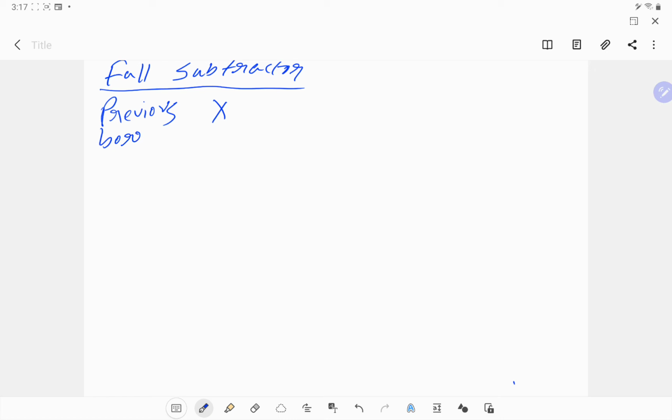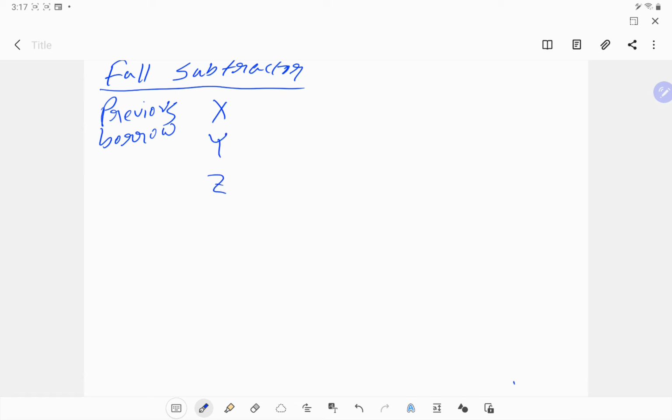Now we study the full subtractor. In the full subtractor, we consider that we have a previous borrow. So let's consider x is a previous borrow. Considering this previous borrow, we want to subtract z from y.